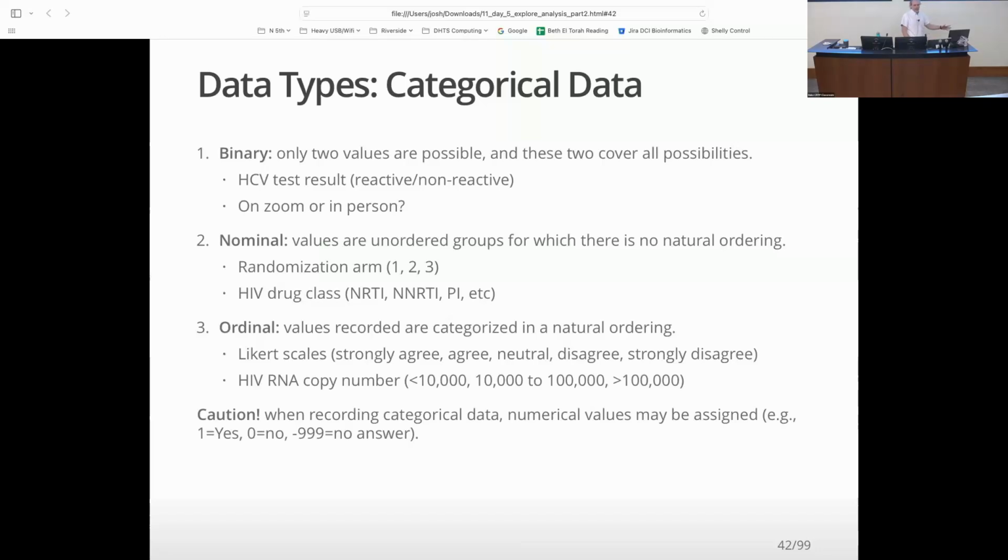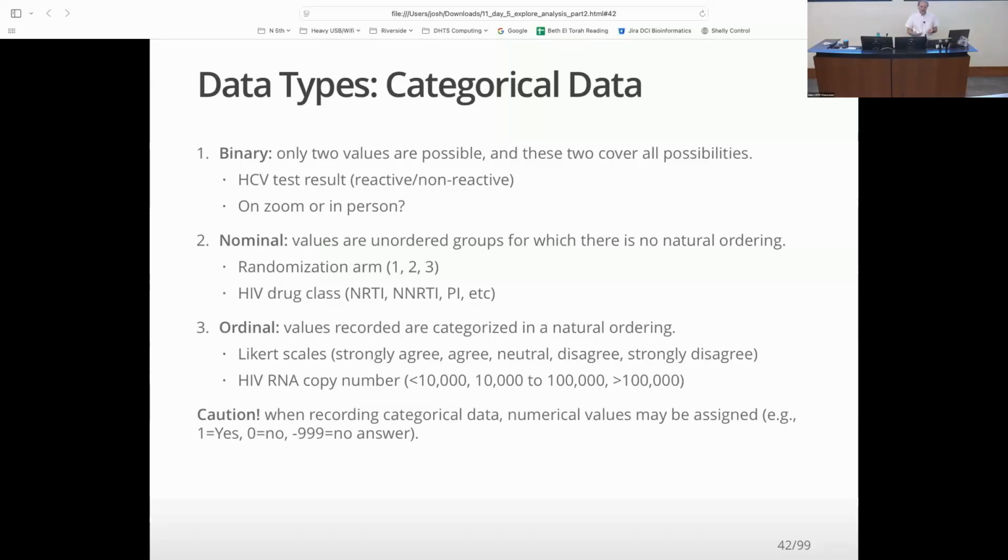So one major bin of data is categorical data. Categorical data, as the name implies, is categories, right? And categorical data can be binary data, where there's only one of two values that are possible. So it can be a yes or a no, it can be a 0 or a 1.